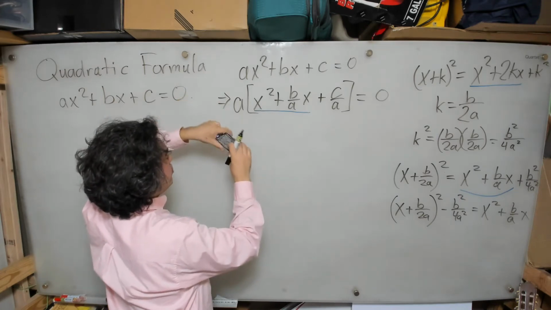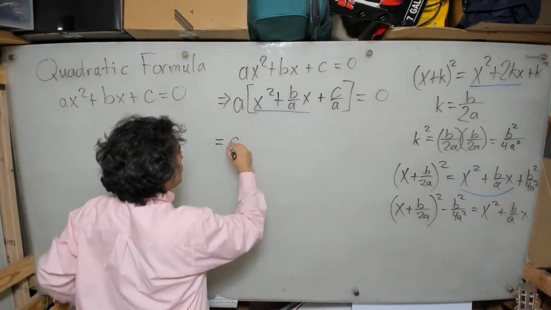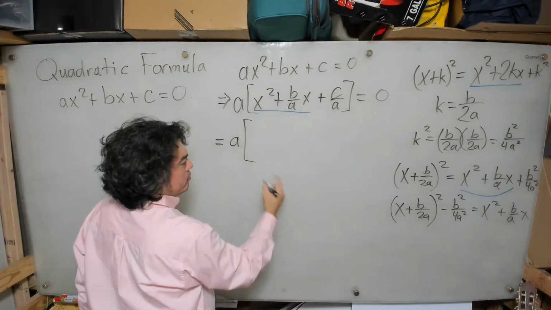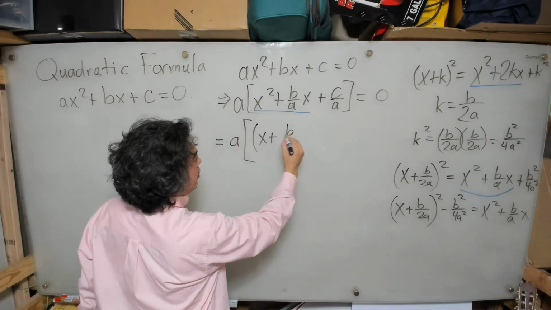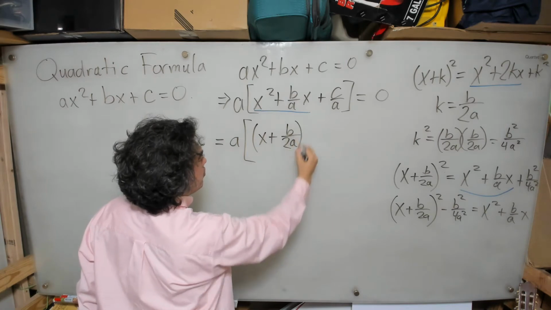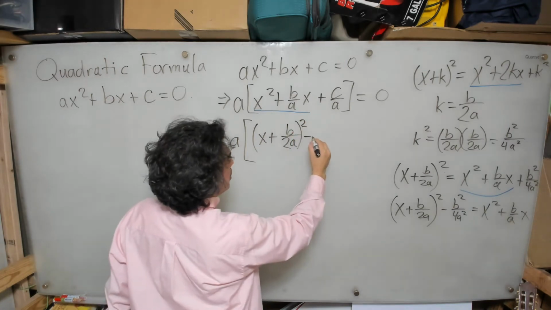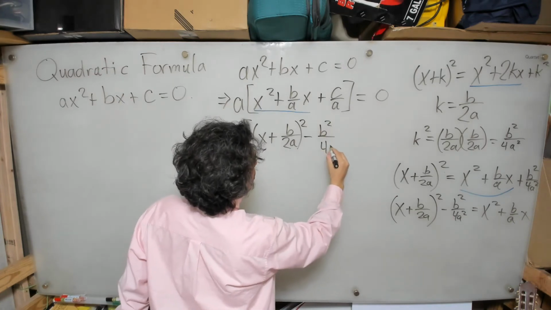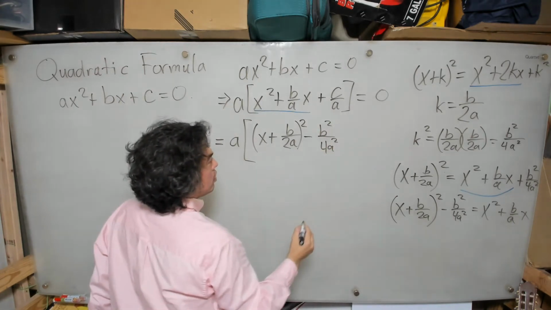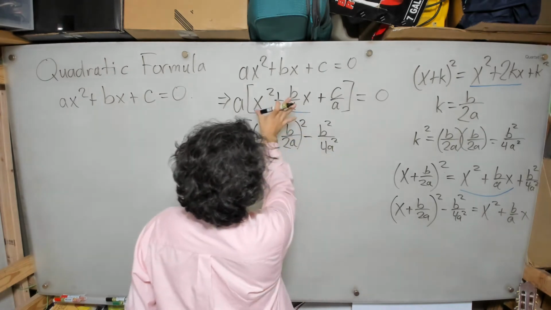So I'm going to put my a out here, right? I'm going to open up my bracket, and I'm going to put that in here: x plus b over 2a squared minus b squared over 4a squared. That's going to replace this piece.